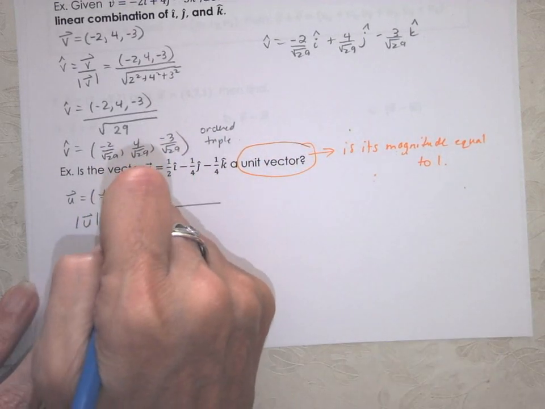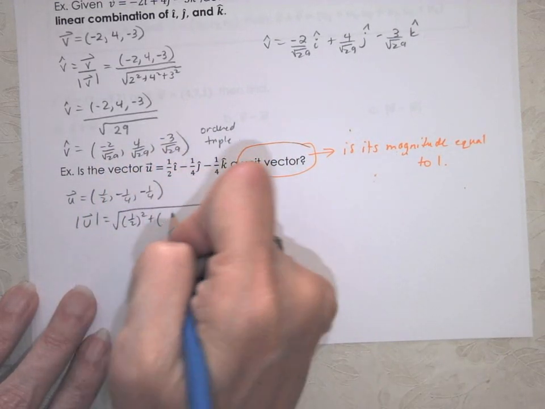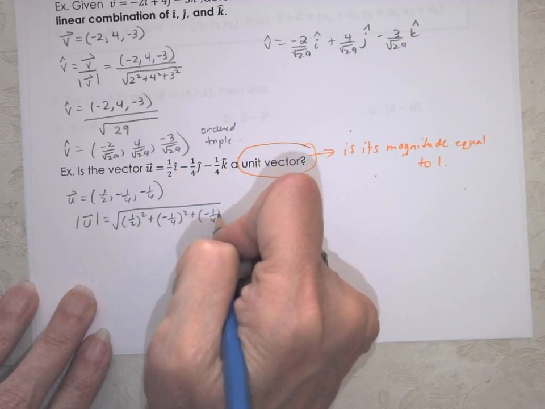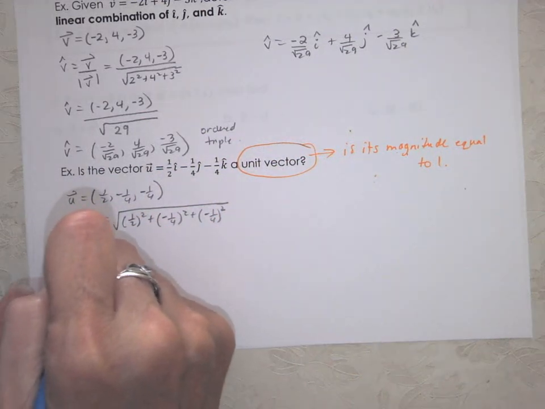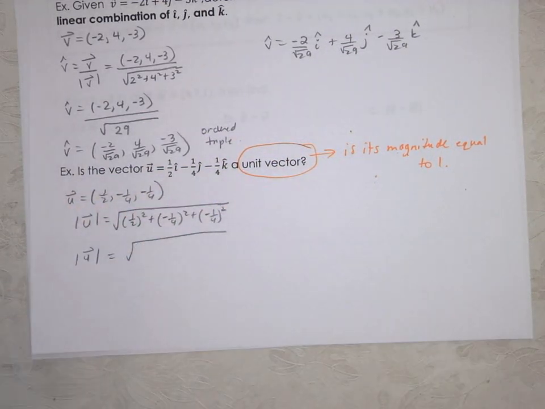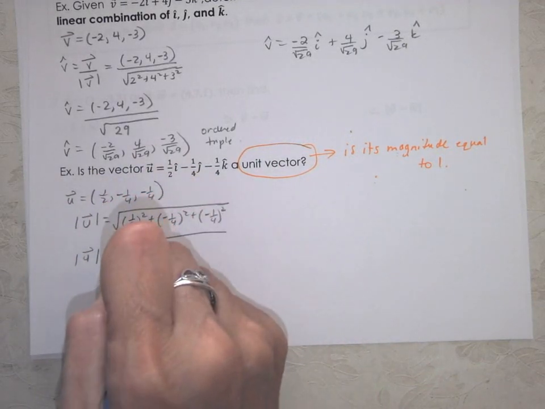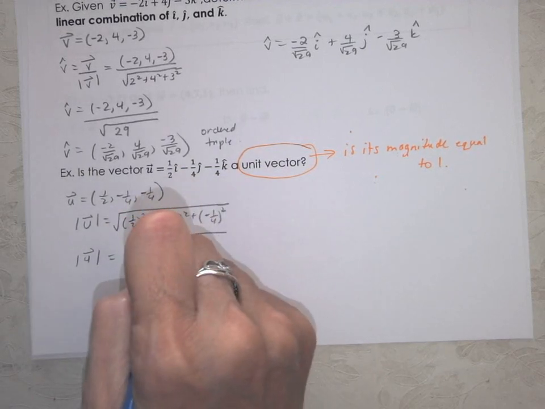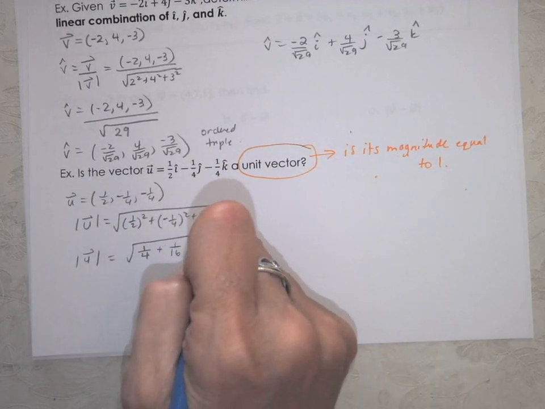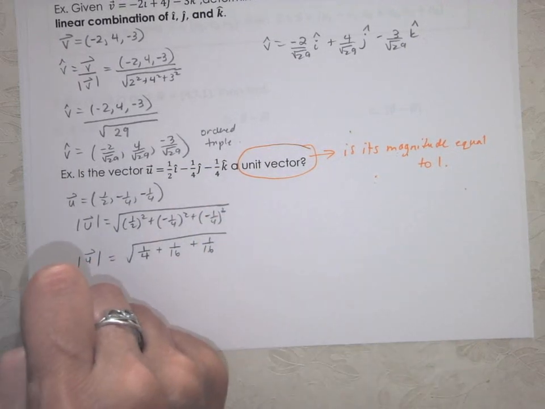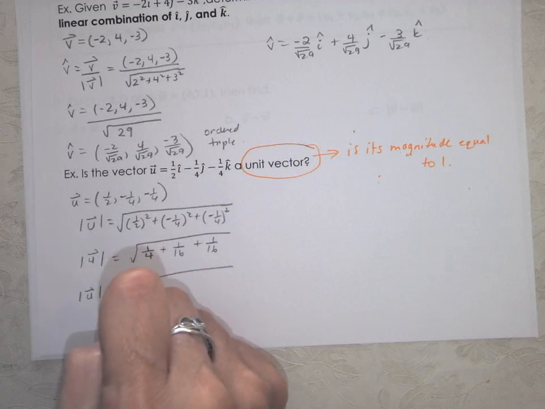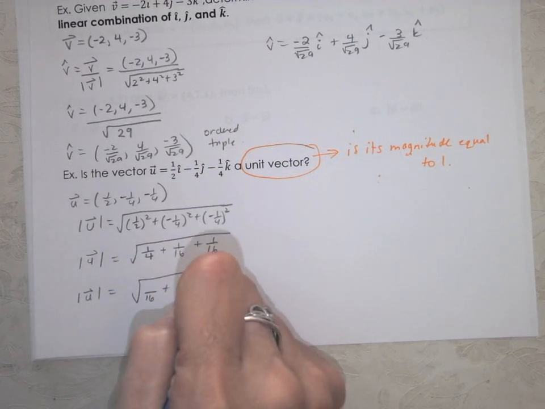So it's going to be the square root of a half squared plus, I don't need the negative, but I can include it. Okay, so now I'm squaring a fraction, so I know that I square the top and square the bottom. So 1 squared is 1 over 2 squared, which is 4, plus 1 over 16, plus 1 over 16. So the magnitude of vector u is the square root of, so I want to have all denominators being 16 here.